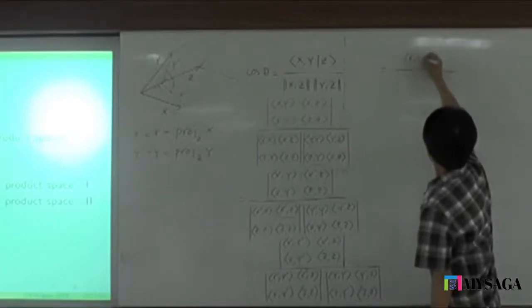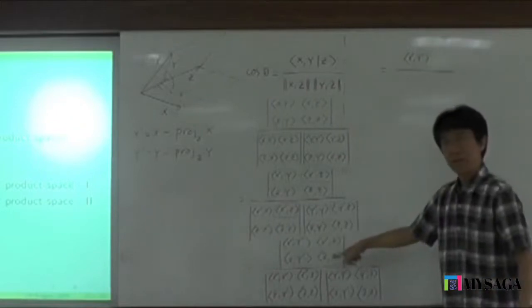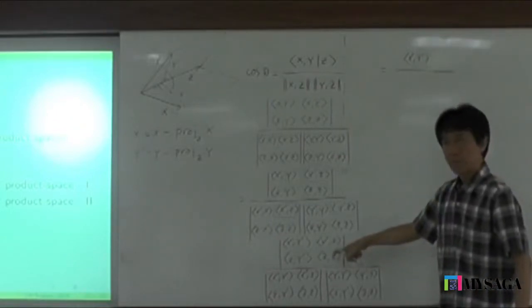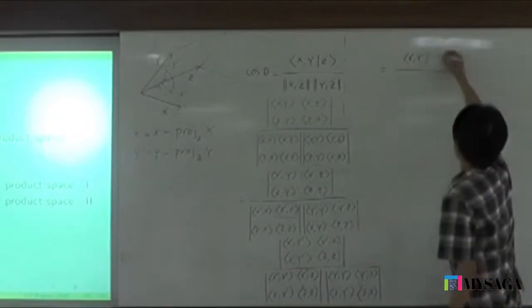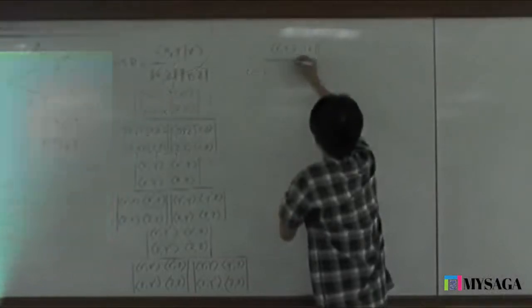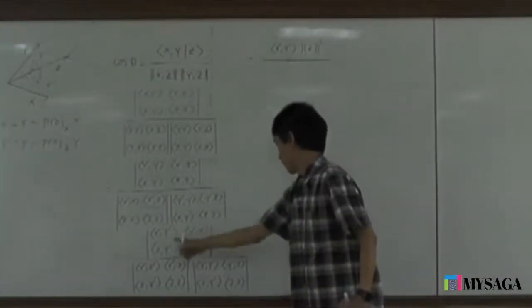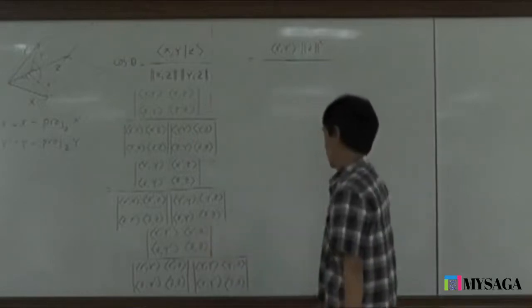Okay? Now we just compute, we see that on top we get x prime, y prime multiplied by the inner product of z with itself, but that is the norm of z squared, right? And you don't have to subtract by that because it's 0. Okay?